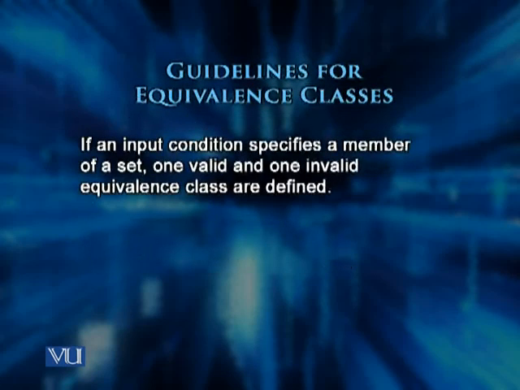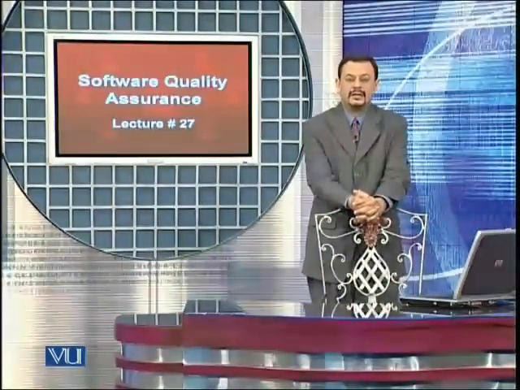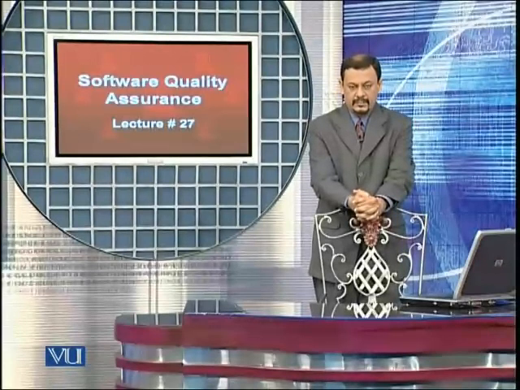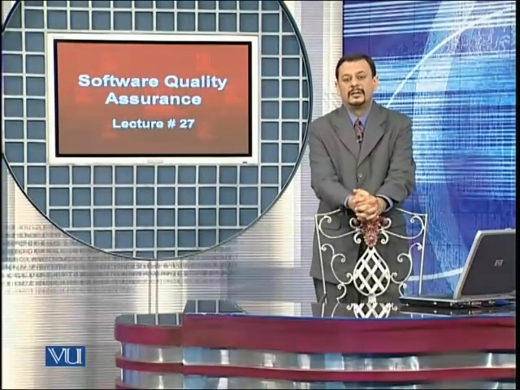If an input condition specifies a member of a set, one valid and one invalid equivalence class are defined. And this is because sets are not necessarily ordered. They would become a range if they are ordered.